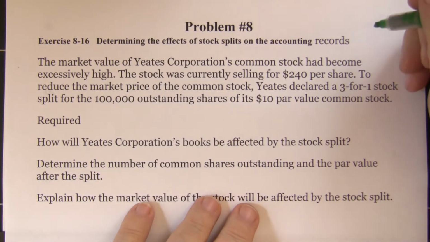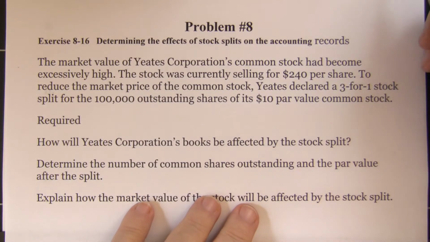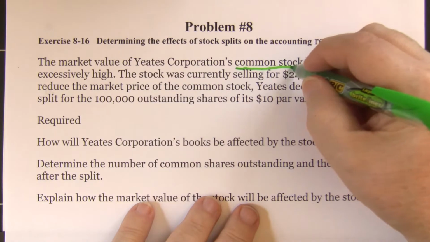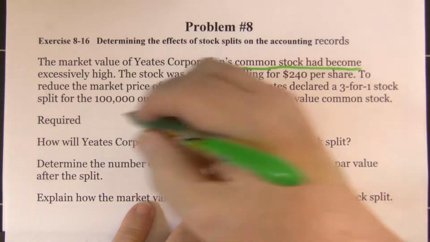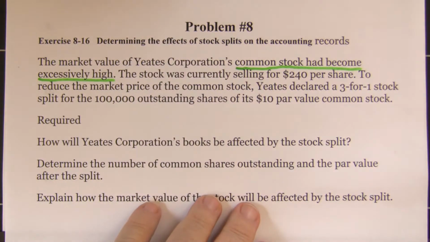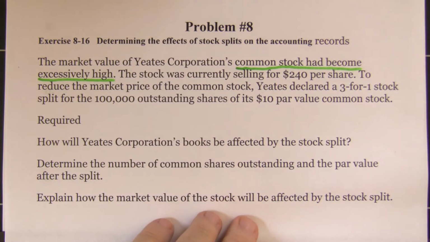The name of the company is Yates Corporation, and they believe that their common stock price has become excessively high. That's the most common reason for a stock split. There are others, but that's the most common.